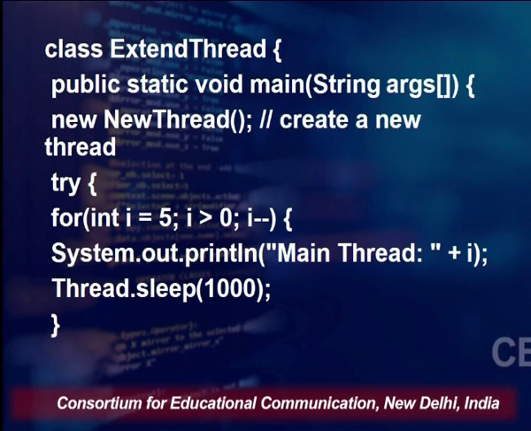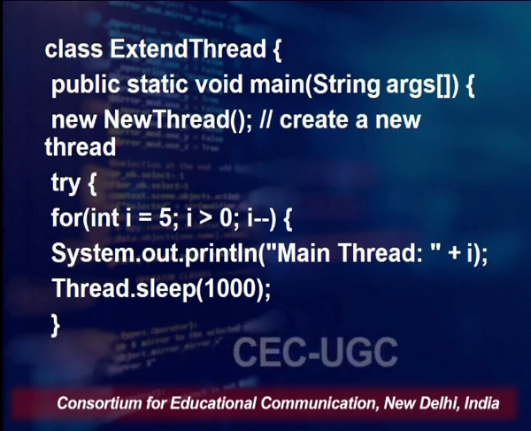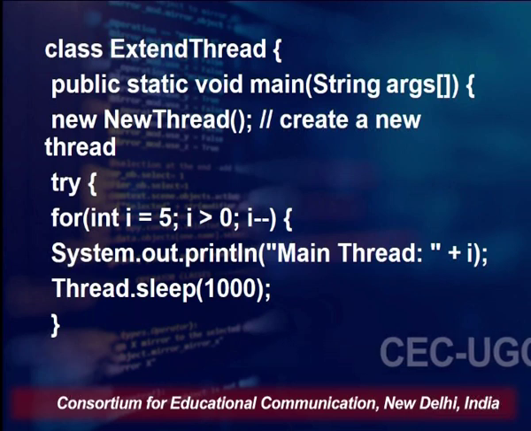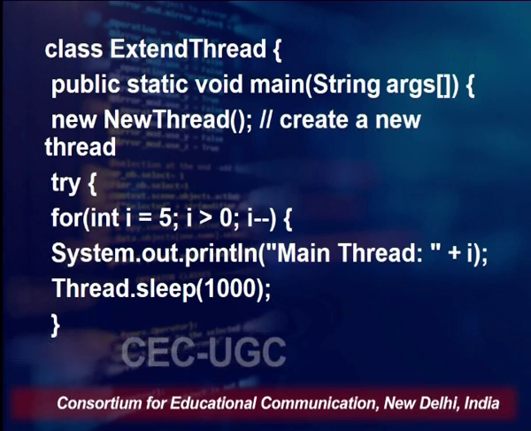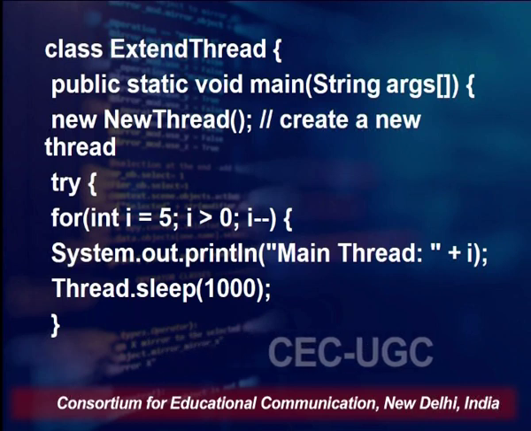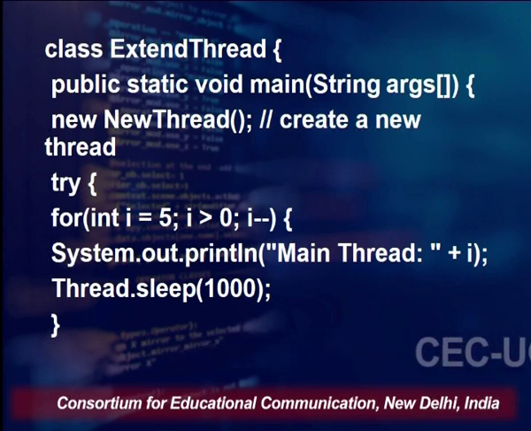and then we have created a new thread by calling the constructor of that class, the NewThread class. So we have created an object, a reference to this new thread, and after that we again have a try-catch block.